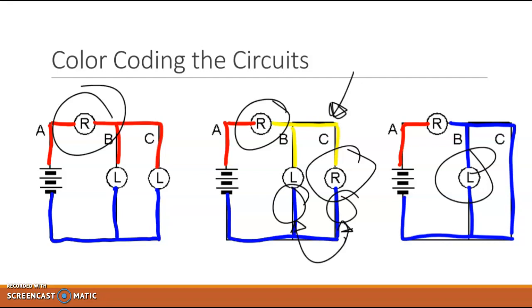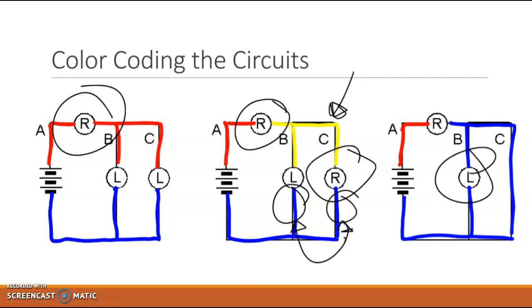We can see that both by looking at the deflection of our compass, as well as the brightness of the bulbs, which again isn't a perfect science when we're talking about two different bulbs. But we do know that the long bulb has more resistance and we see less compass deflection, so it must have less charge moving through it.